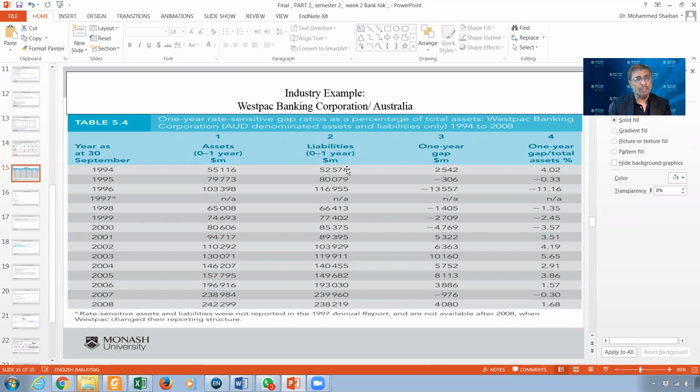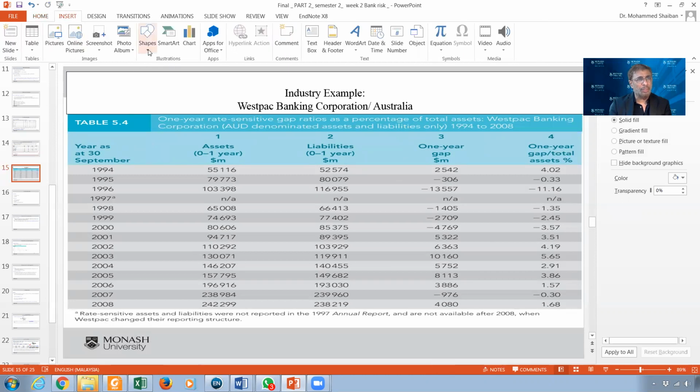And you can see they calculate the assets, liabilities, and actually the 1 year gap. And then you don't have to worry about this column. They calculate the gap over the total assets, which you can do. Banks use this as a type of indicator, but actually we are only interested in this area.